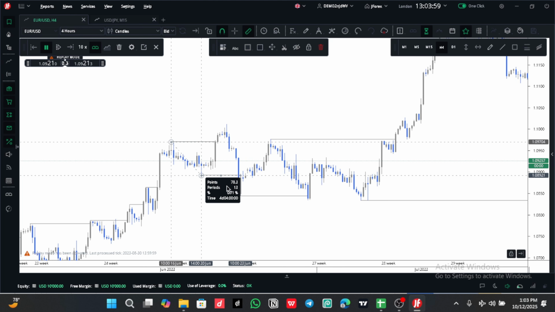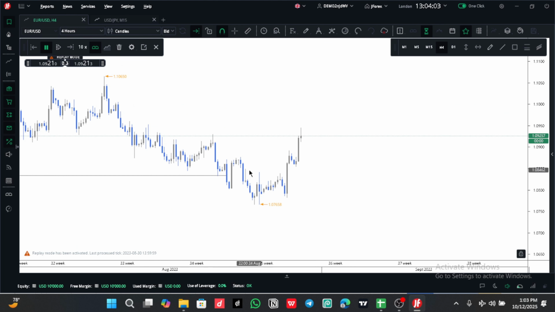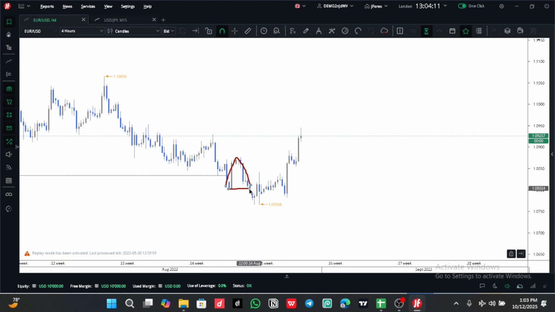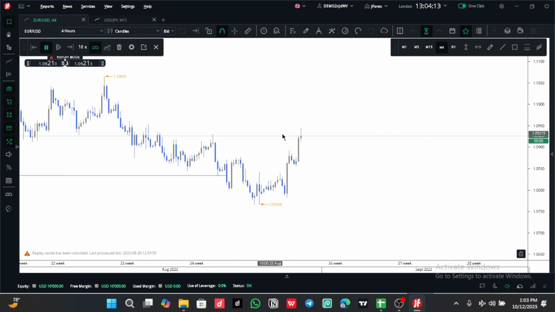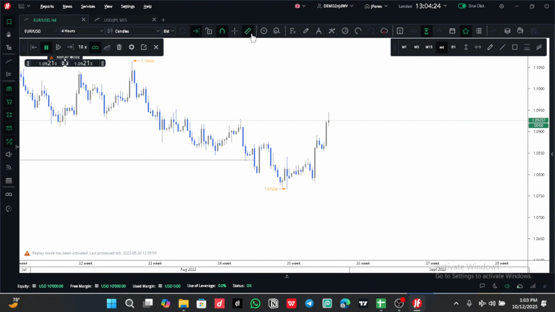Whenever you reach a situation like this, whereby you're confused, ask yourself if you should call this a swing break of structure. Let's just say my lowest was 95. Okay, so I'm just assuming.